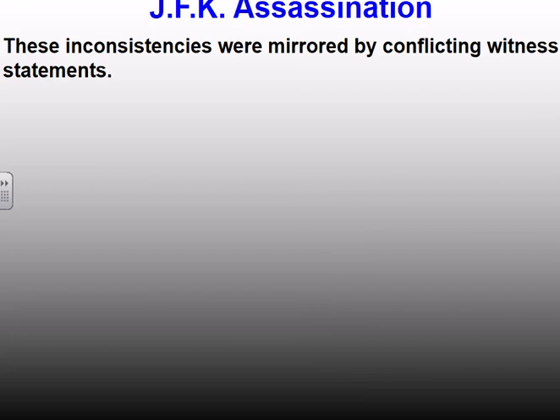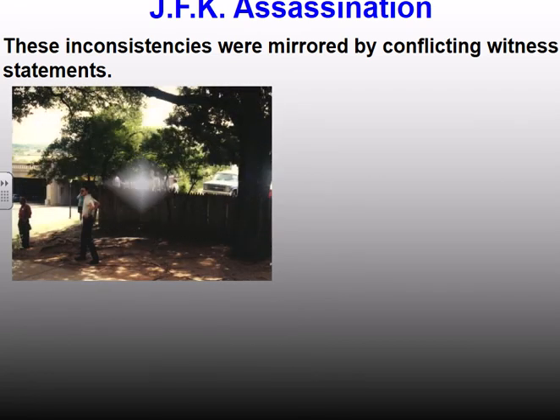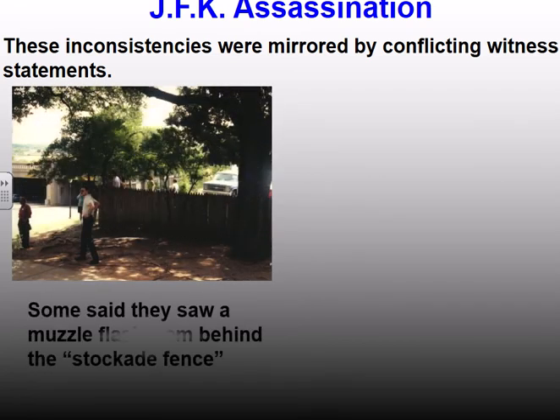There are some really troubling things in this, and here are a couple of them. A lot of people, over a dozen, said they saw a muzzle flash from behind this fence. That fence would have been directly in front of the president when he was first shot. So again, if that bullet is coming from the front, particularly with that headshot, that makes more sense with how his head moves, at least to common sense.